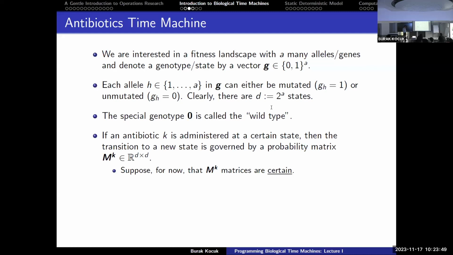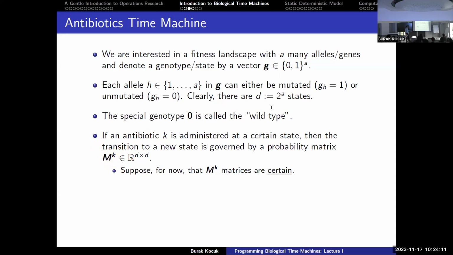Okay, so here is the relevance to the Markov chains. If you give me an antibiotic and I apply that to the genotype spectrum, then the transition to a different genotype is governed by a probability, which I will denote by T^k.